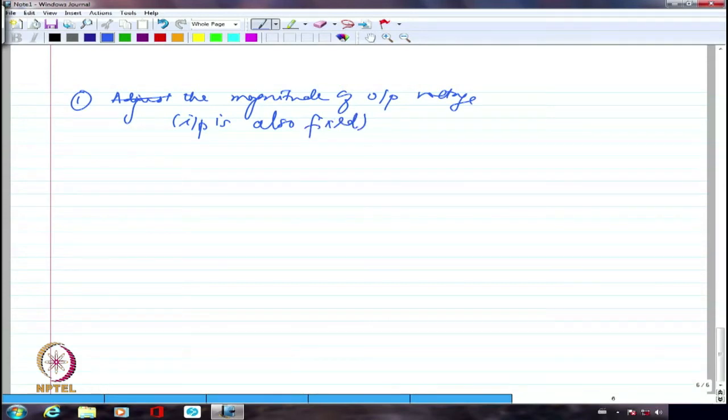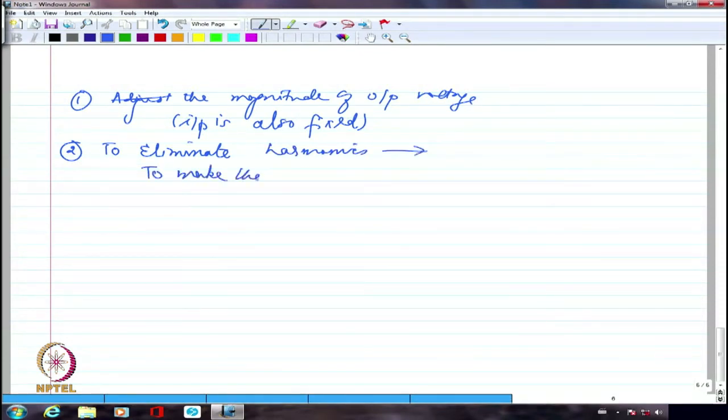With a fixed value of input voltage, I want to have a variable value of output voltage. So we are essentially looking at, first of all, magnitude being controlled. The second one is to eliminate harmonics, rather to make the fundamental dominate the output.